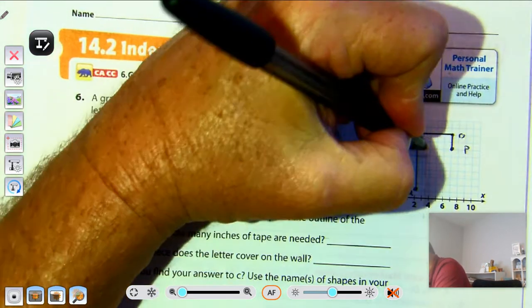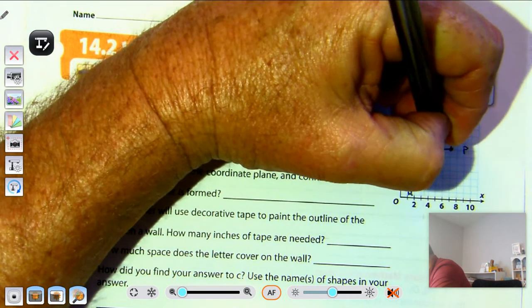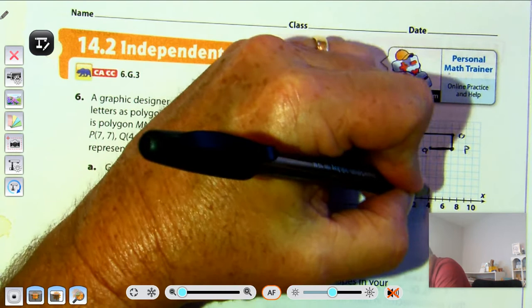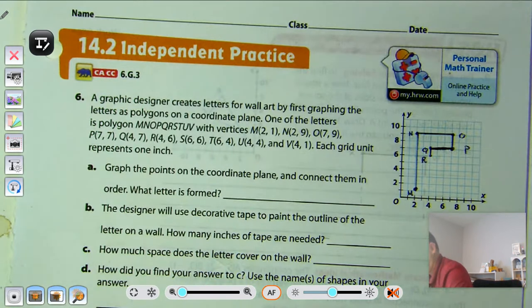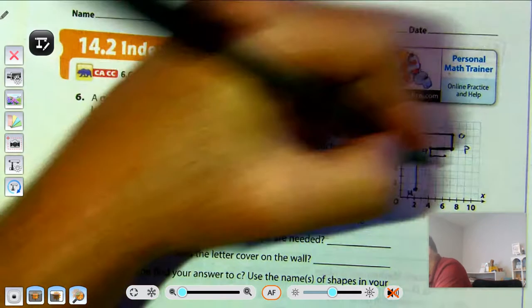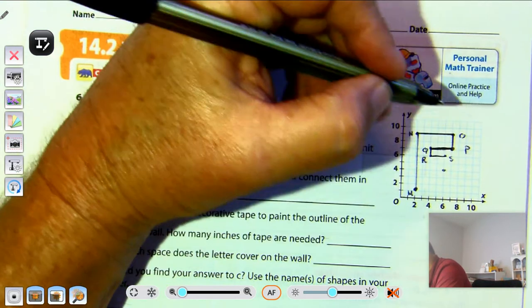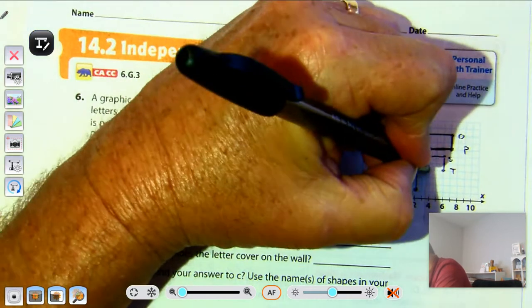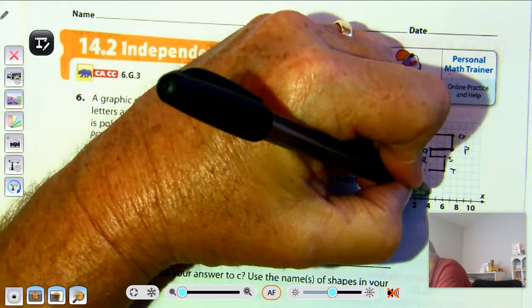Q is at 4, 7. R is at 4, 6, over 4, up 6. S is at 6, 6. T is at 6, 4. U is at 4, 4. V is at 4, 1.